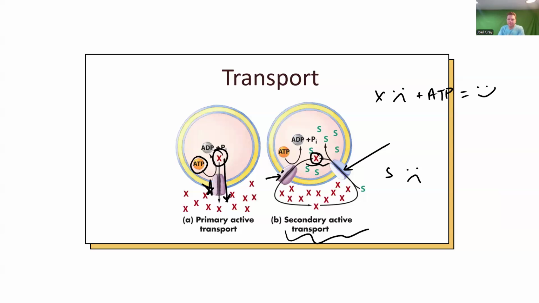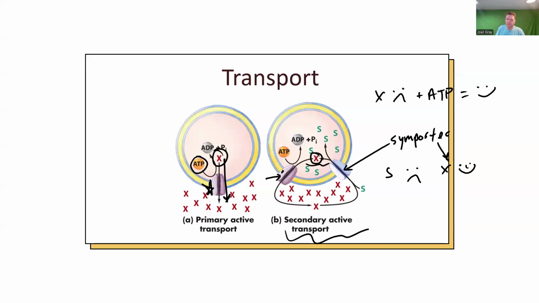Now, S, let's look at this. This protein right here is what's known as a symporter. It's moving two things in the same direction. It's moving X and S inside of the cell. The movement of X, in this case, that's a smiley face.